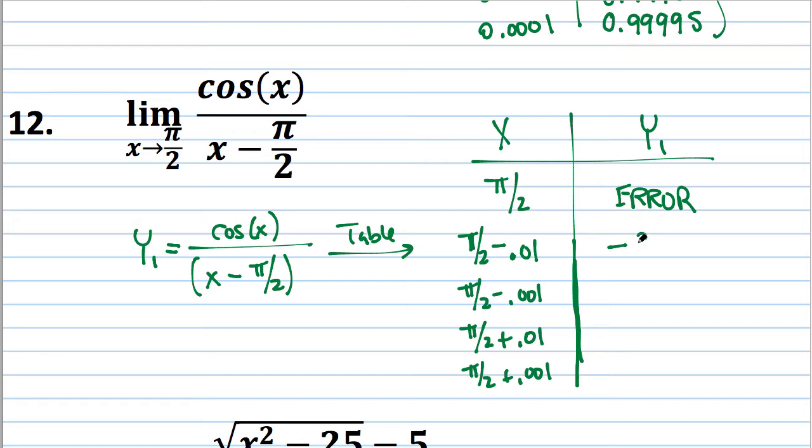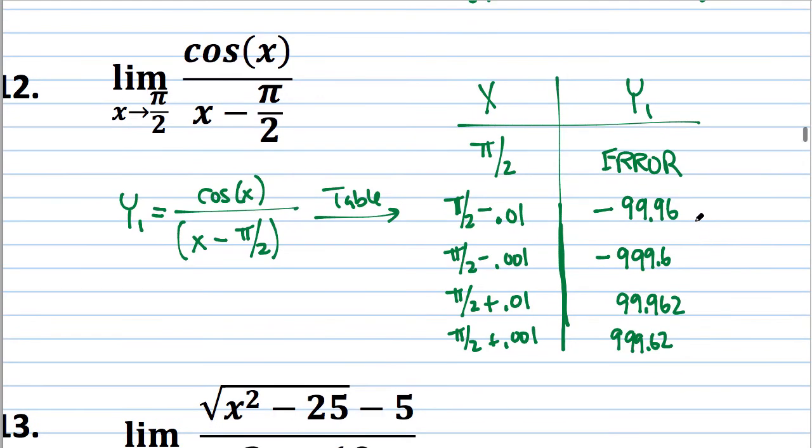I have negative 99.96, negative 999.6, and then 99.962 and 999.62. So it appears that as I get closer to the x value of pi over 2, on the left side I'm going insanely negative, approaching negative infinity, and on the right-hand side I'm getting insanely positive, approaching positive infinity.